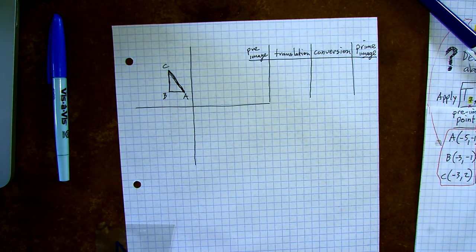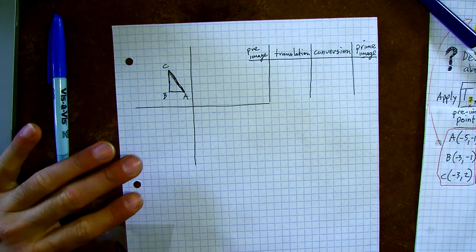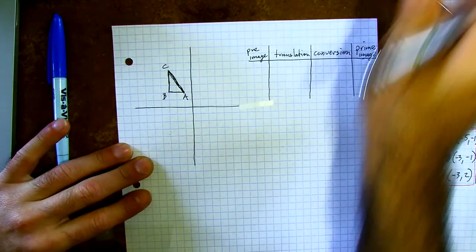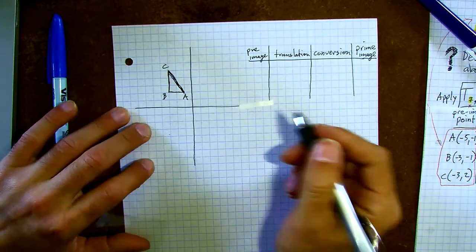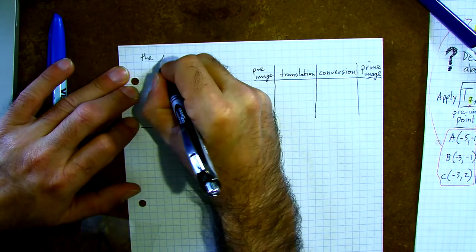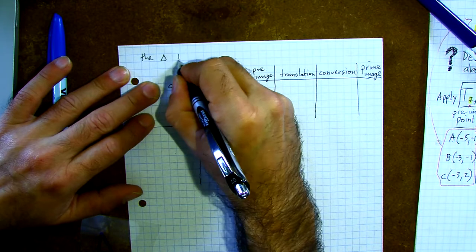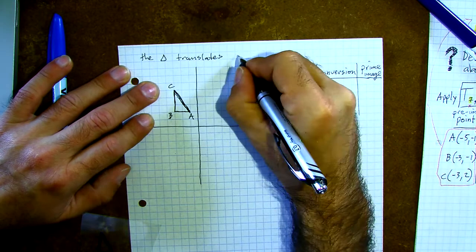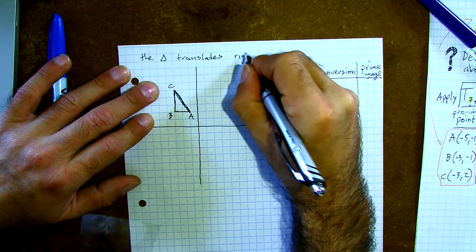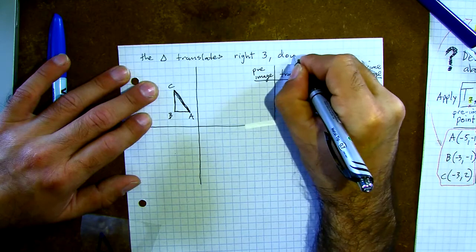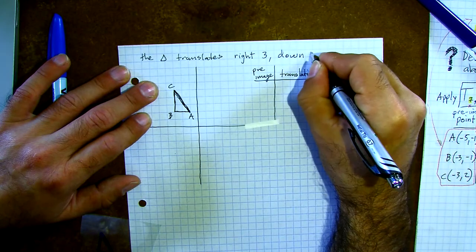So right off the bat, I can look and figure out, okay, well, no, let's not go right off the bat. Let's look at this one part at a time. All right, this is going to have kind of a prompt. It's going to say, you know, the triangle translates right 3 and down 2.